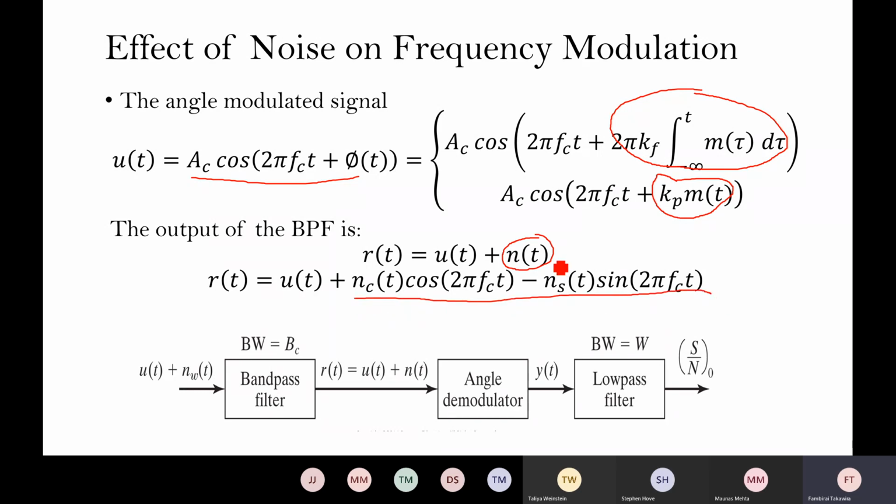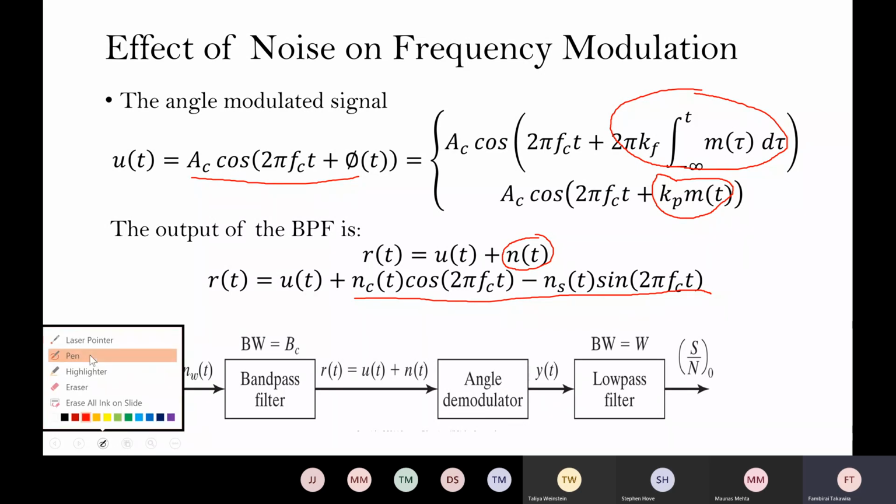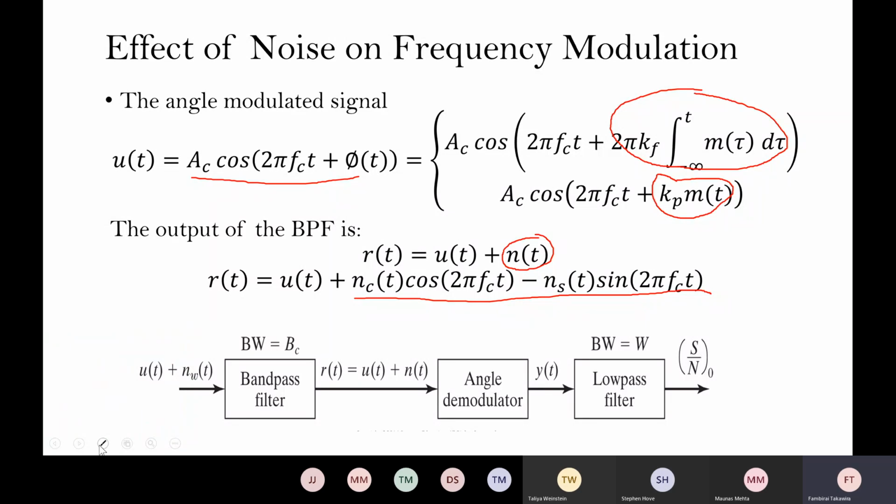To estimate the effect of noise, we have to see the extent to which this term N of T affects the phase term. The phase term is either this component here for frequency modulation, or this component for phase modulation.